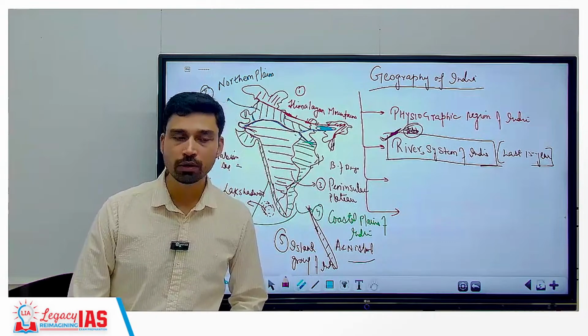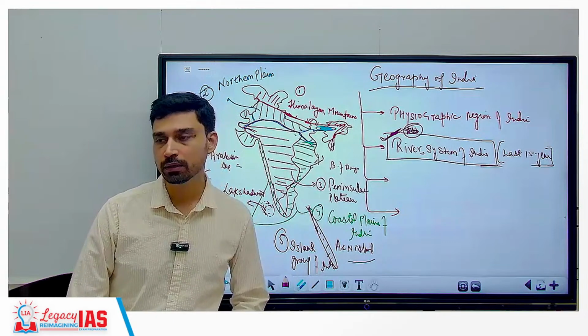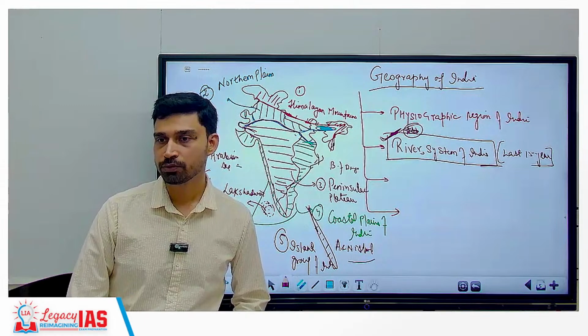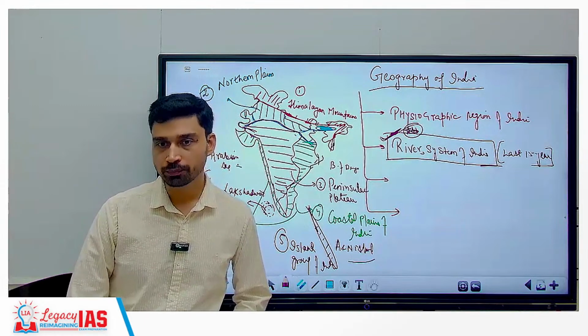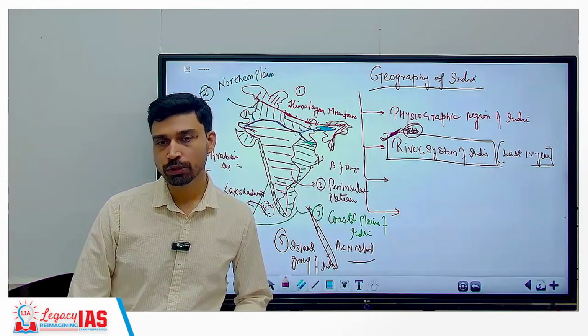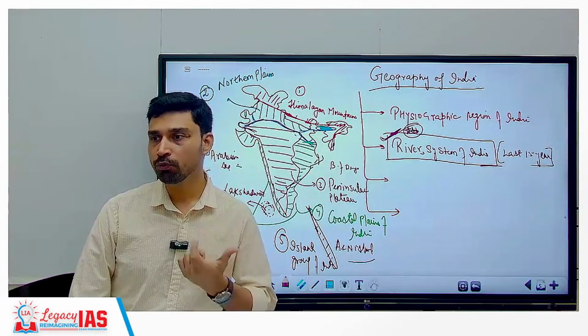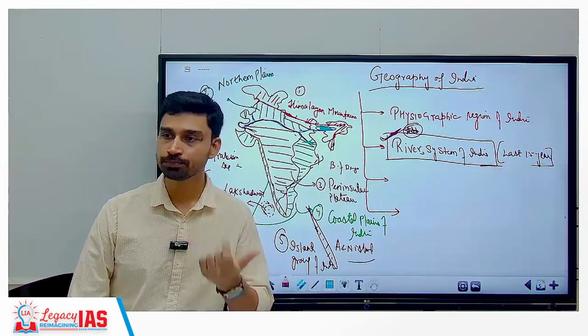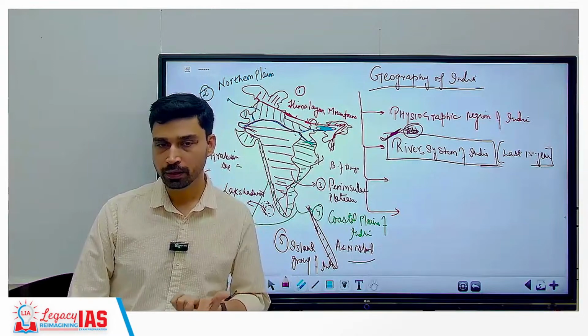So largest river of India is Brahmaputra. How do we define a river as largest? Based on the volume of water that is flowing through it. So if you compare the volume of water in Ganga and in Brahmaputra, Brahmaputra has more volume of water. Ganga has less.